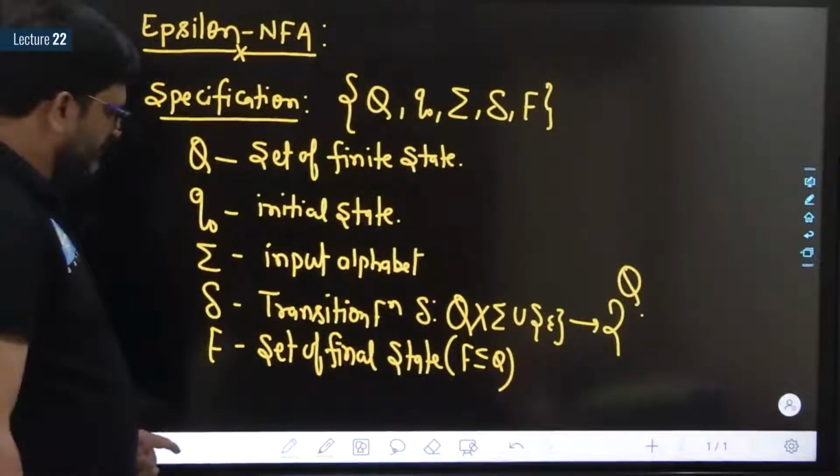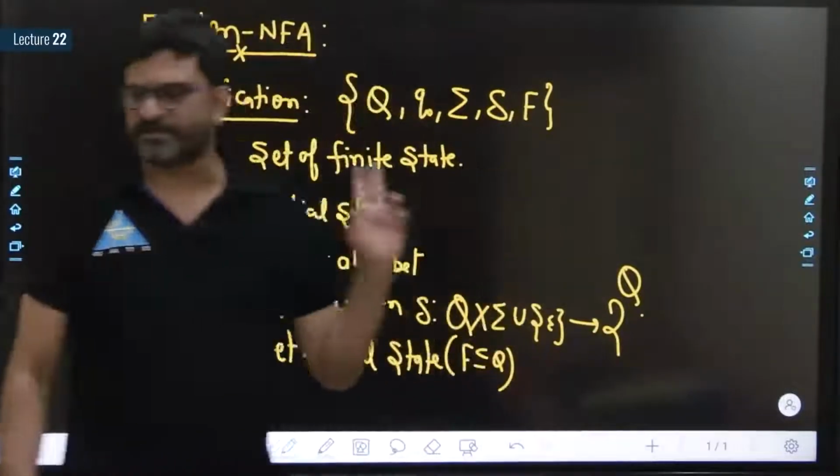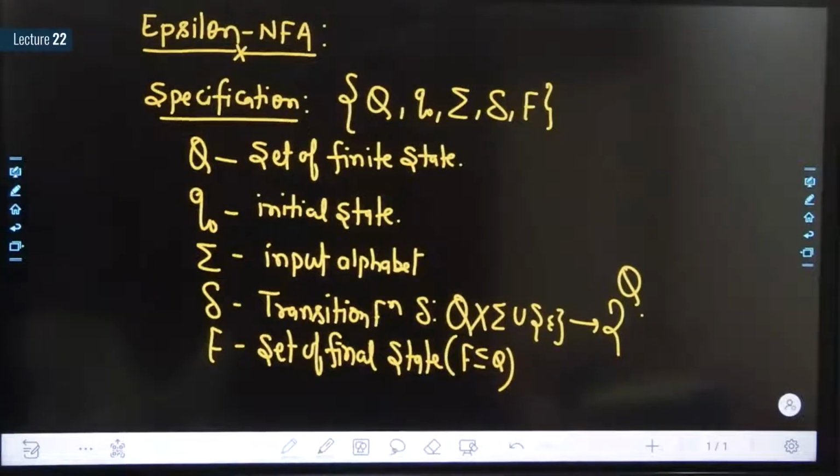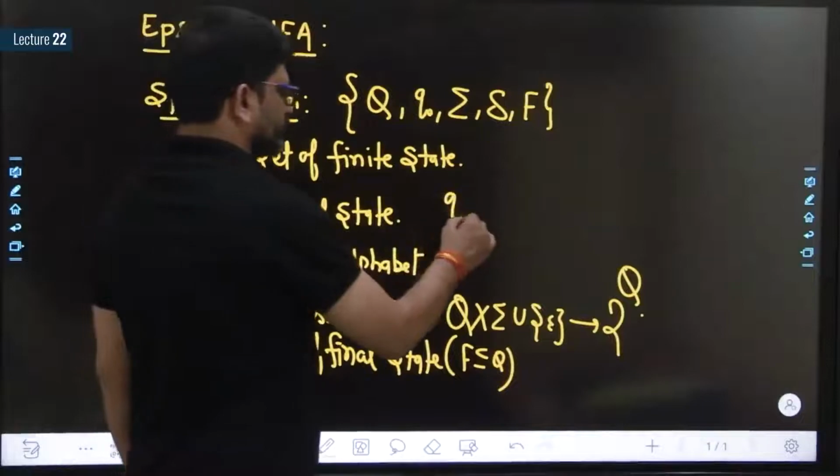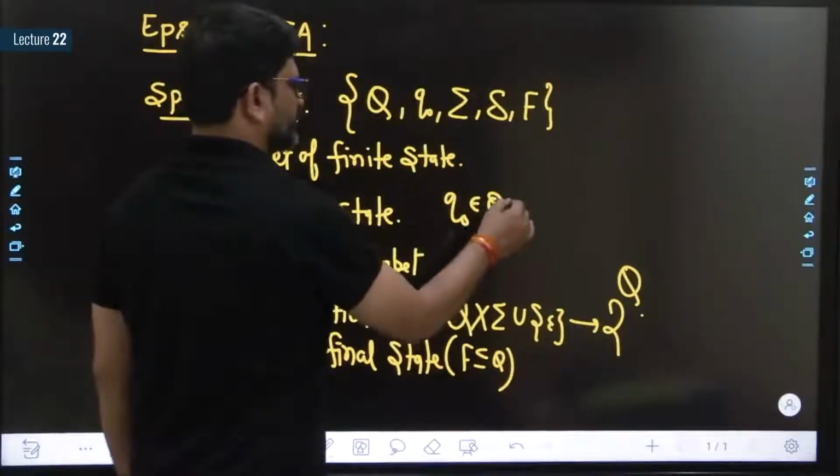Clear? Next, please note this. Also, Q naught belongs to capital Q.